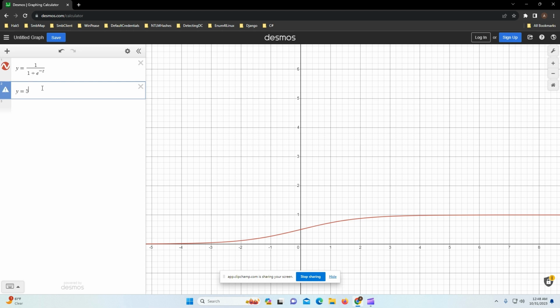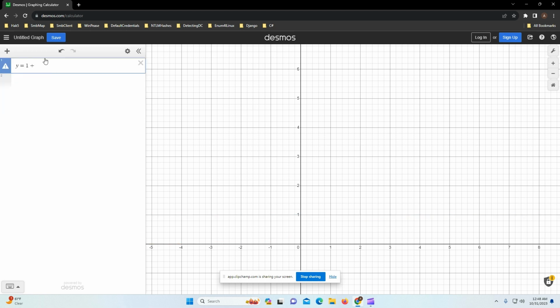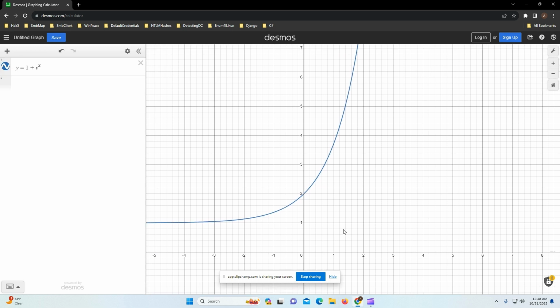So if I do 5 to the x, right? You see it's just going to grow infinitely. Now if I do 1 plus, and actually let me get rid of this. If I do 1 plus e exponent, now we're going to grow from 1. So we're going to approach 1, and then we're going to increase, right?